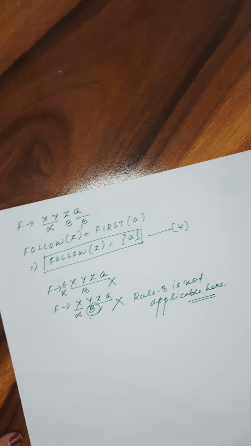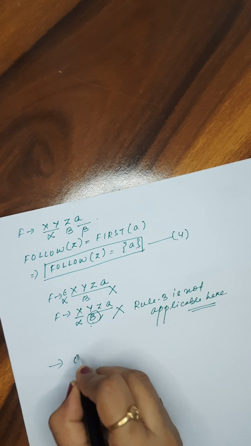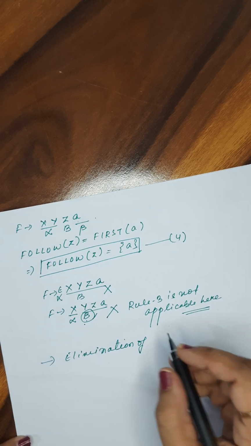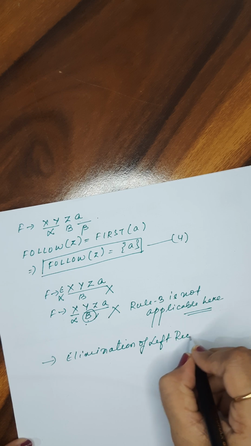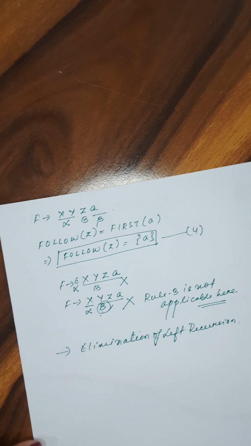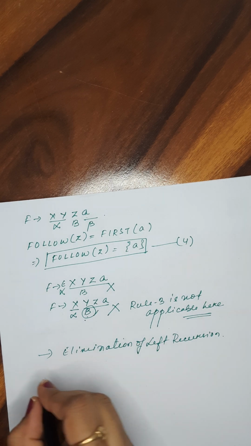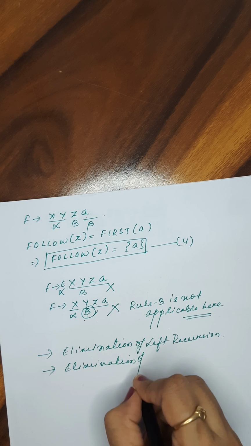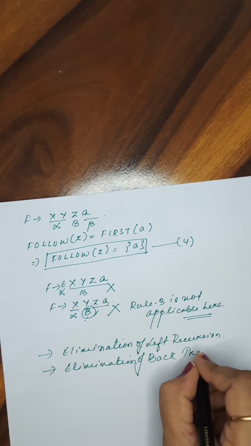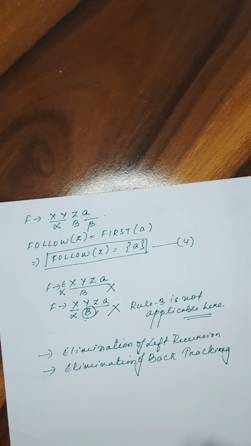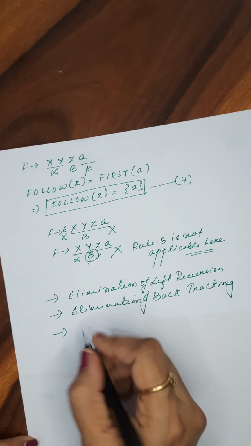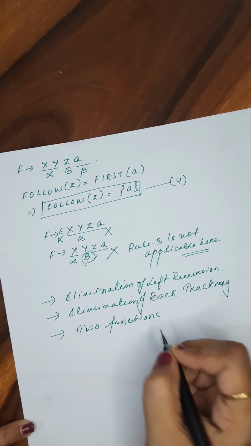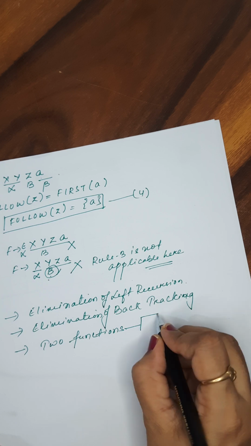Now, what did we complete till now? See, first elimination of left recursion. Understand carefully, because next we have to consider the parse table. Then elimination of backtracking. Third was two functions to construct the parse table. What were they?